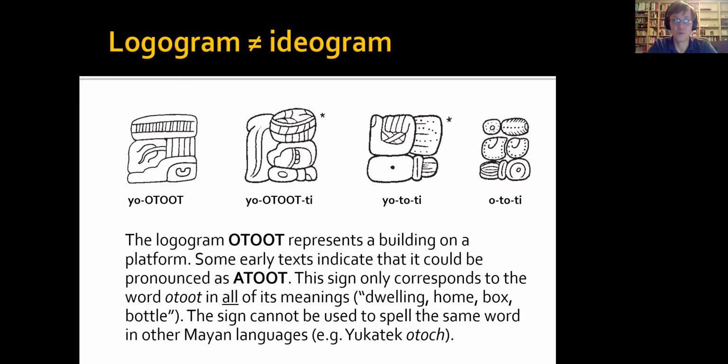So that gives an idea that Maya scribes really linked logograms to pronunciation. Some dialectal or temporal variation was permissible, but distinctly different versions of the word in, say, related Mayan languages, that was not okay to use the same logogram for.